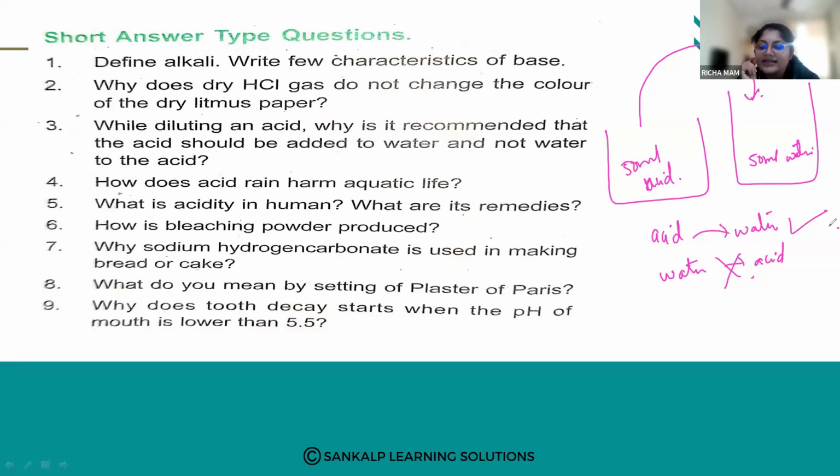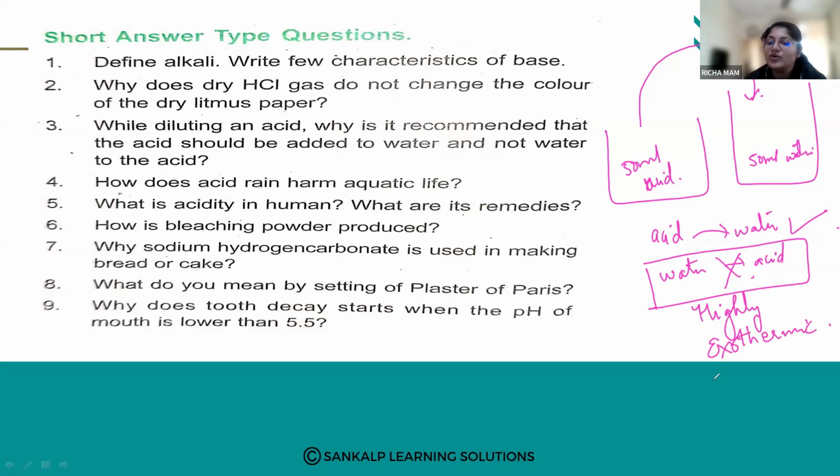Because if you add water to acid, what will happen? This reaction is highly exothermic, which means it will release a large amount of heat. So water should not be added to acid, but you should add acid to water.